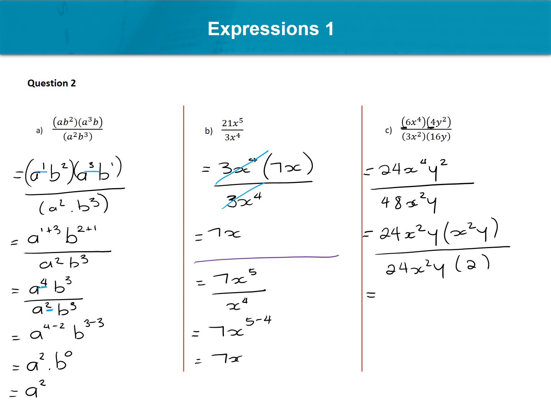So these cancel, and you're left with x squared y all over 2, or we can say a half x squared y.